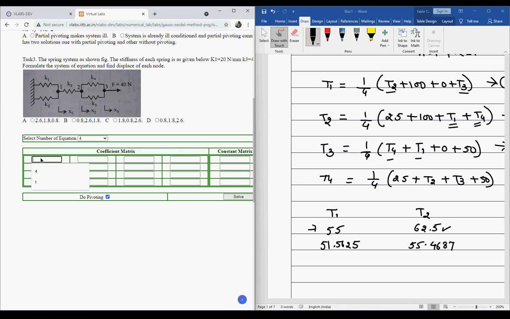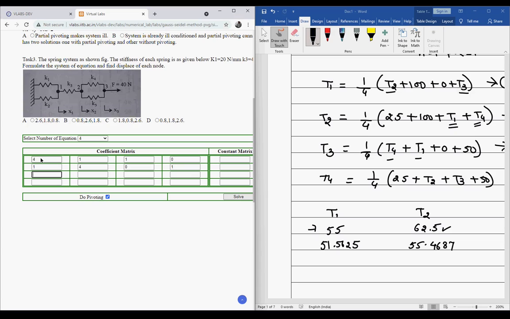So I try to write the equation. So it is 4, coefficient of T2 is 1, coefficient of T3 is 1, coefficient of T4 is 0. Now coefficient of T1 is 1, coefficient of T2 is 4, coefficient of T3 is 0, coefficient of T4 is 1.